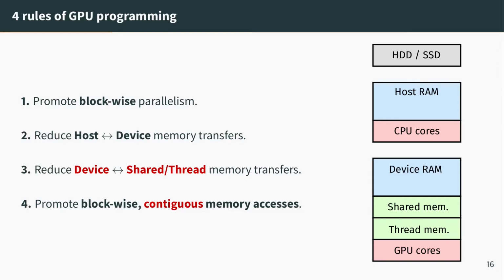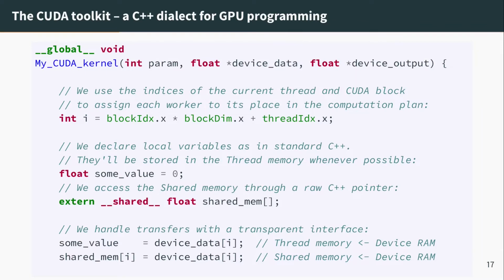Like making memory accesses that are contiguous, like reading bytes at locations that are close to each other on the device, is going to be much more efficient than having to make random memory accesses. So GPUs are completely biased towards blockwise contiguous memory accesses, and so you want to avoid randomness as much as possible. So that's for the main rule.